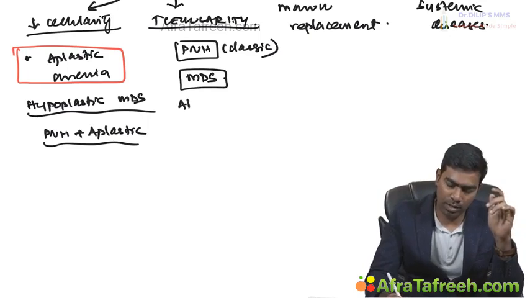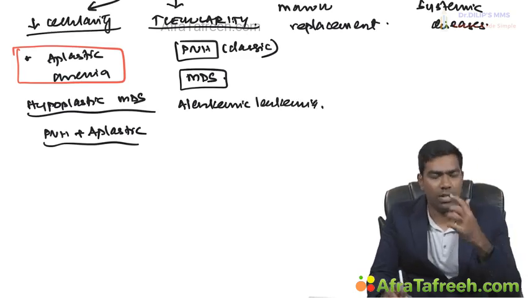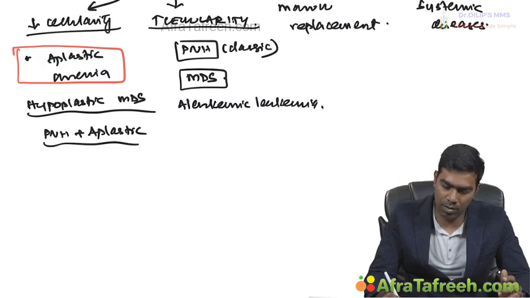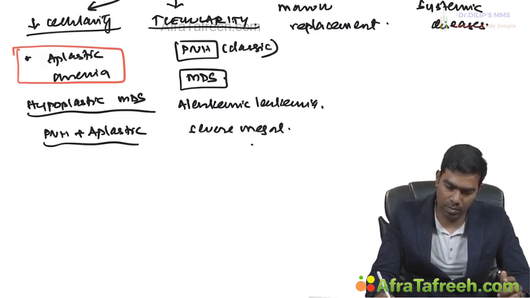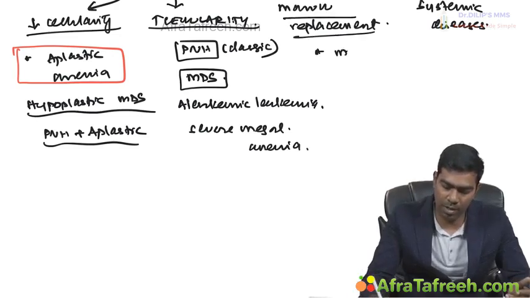And next you have something called aleukemic leukemia, where the blasts will be only in the marrow, they will not be released into the circulation in the first place. So this is called aleukemic leukemia. And next is something called severe megaloblastic anemia. Marrow replacement with some other tissue, for example, it can happen in myelofibrosis.